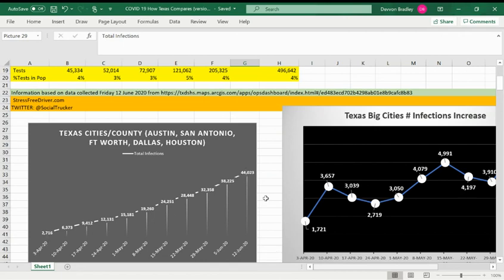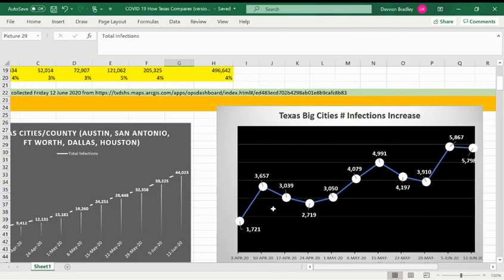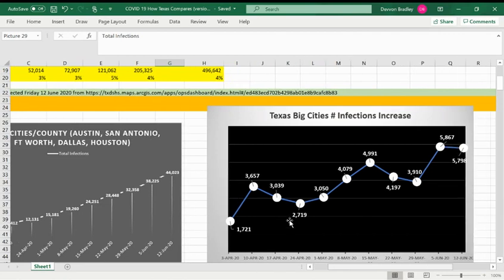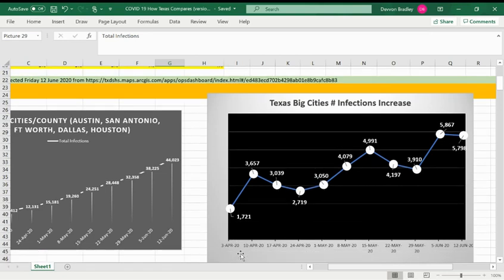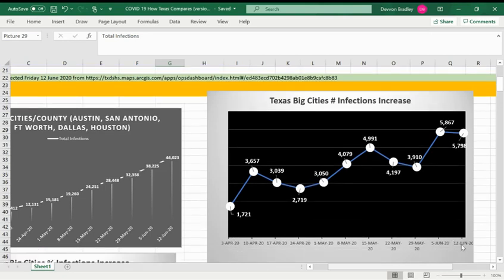So you can kind of see the shape of that. And then I wanted to know how many infections were occurring each week, and we can see that relationship all the way from the 3rd of April through the 12th of June.